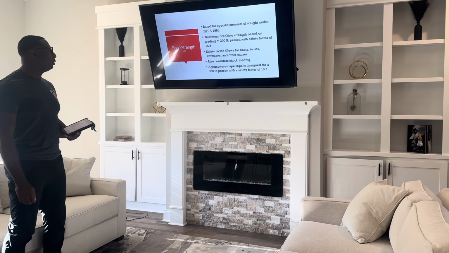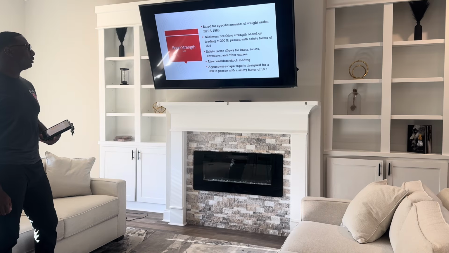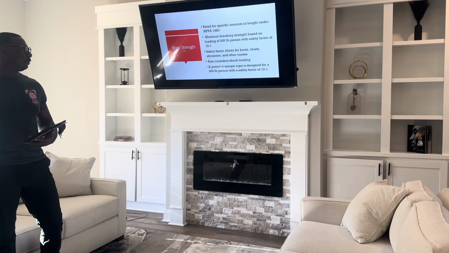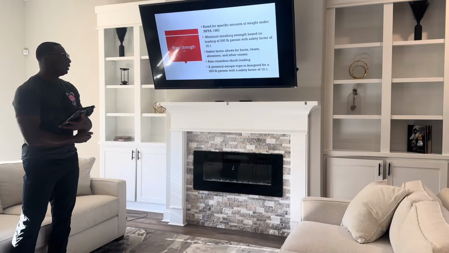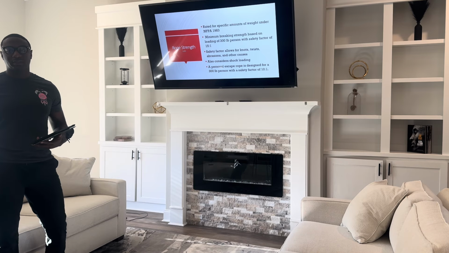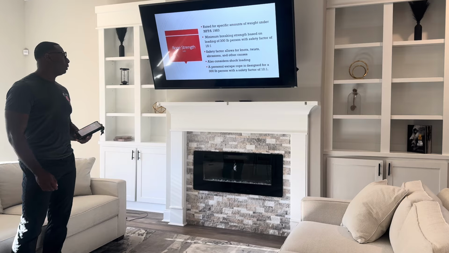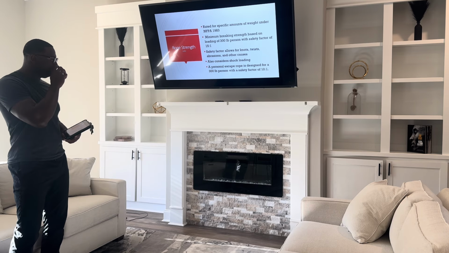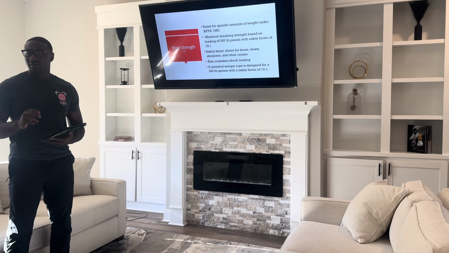Rope strength is rated for specific amounts of weight under NFPA 1983. Minimum breaking strength is based on loading of a 300-pound person with a safety factor of 15 to 1. A personal escape rope is designed for a 300-pound person with a safety factor of 10 to 1.